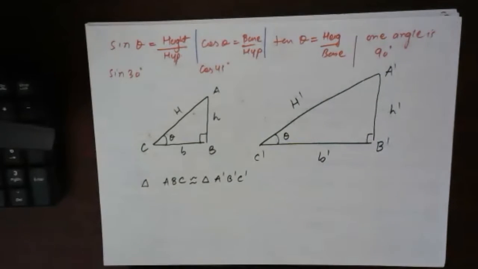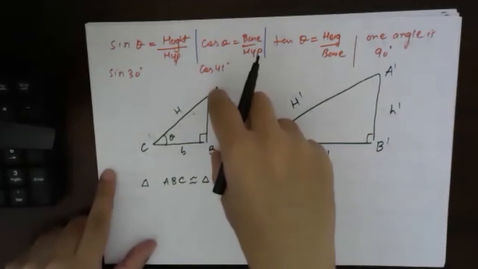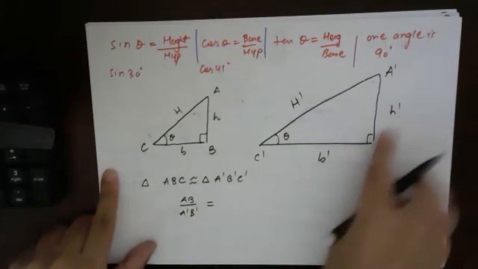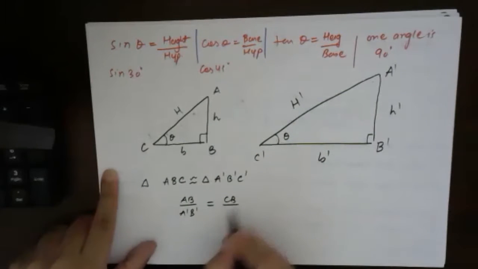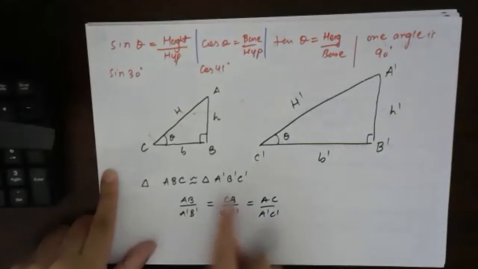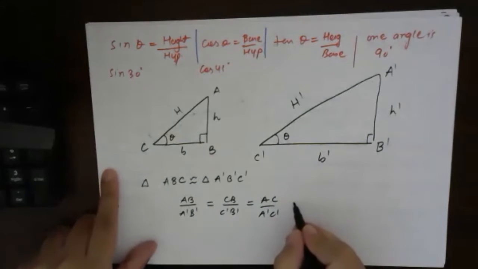Now, if these two triangles are similar to each other, then we can say that the ratio AB by A dash B dash is equal to CB by C dash B dash is equal to AC by A dash C dash. We can write this if the triangles are similar to each other, right?